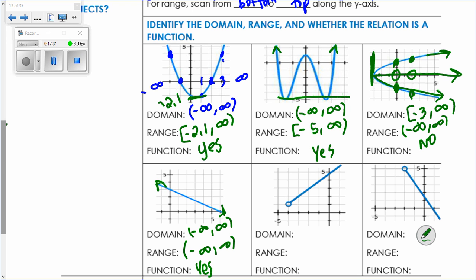The next one, domain starts at -4, extends to forever. The range starts at 1, and then it goes up forever. And yes, it's a function.